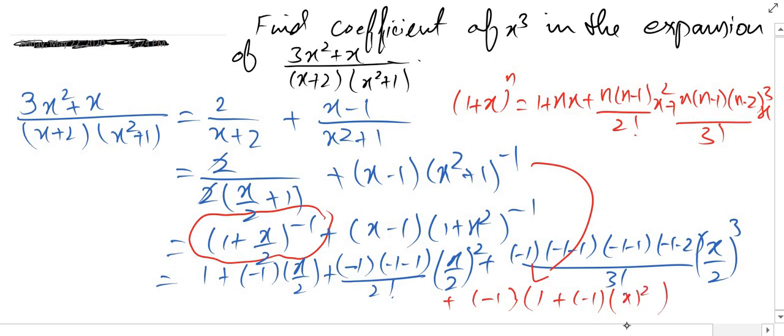I think it's enough, because this is multiplying by x minus 1. When we multiply this x with x square, it will become x cube, so there is no need to solve it further.